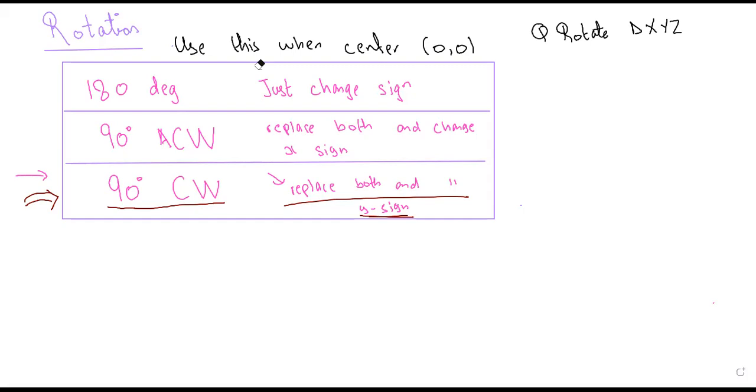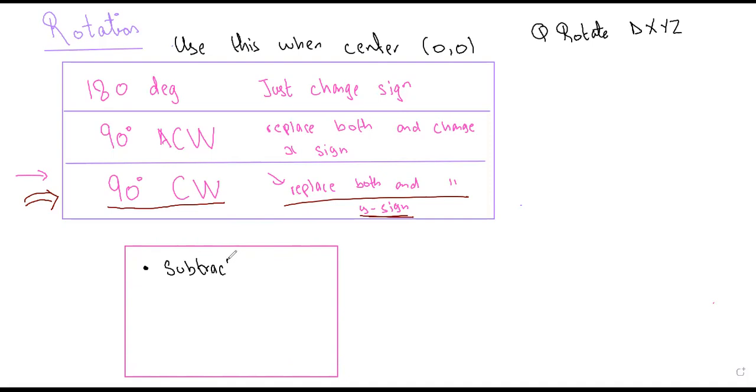All right, okay. Now let's see what would happen in case when the center is not 0, 0. I'll write down the steps we would be following in that case. So this is going to be when the center is not 0, 0. First, you are going to subtract the center.